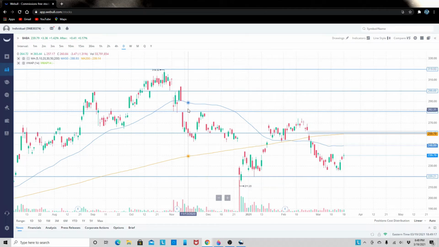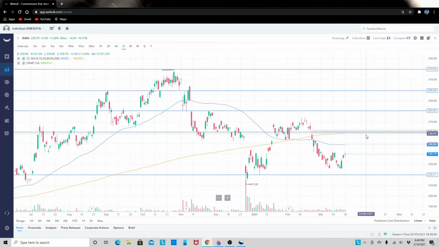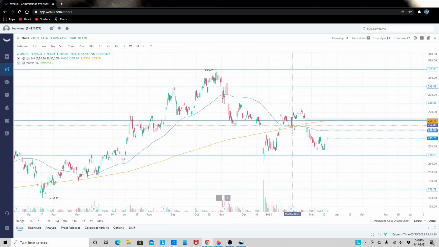And we also lost our next support, which was 280, during the fall, during all that commotion with the CEO and the IPO. During this period of time, we also lost our next support level, which was $260, and it just kept falling to our last support right here.